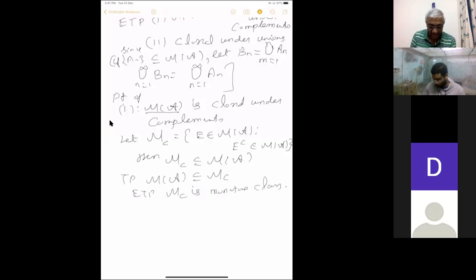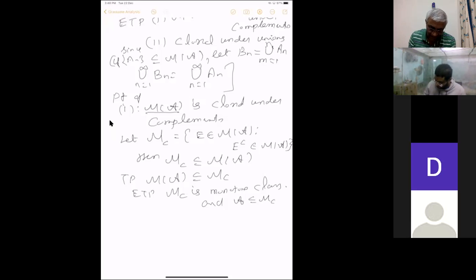If we prove M_C is a monotone class, then since M of A is the minimal monotone class containing A, it's enough that M_C is a monotone class and A is contained in M_C.